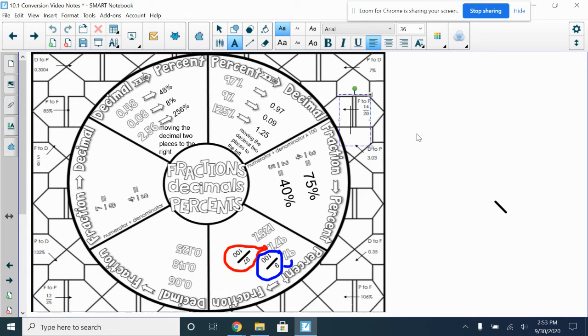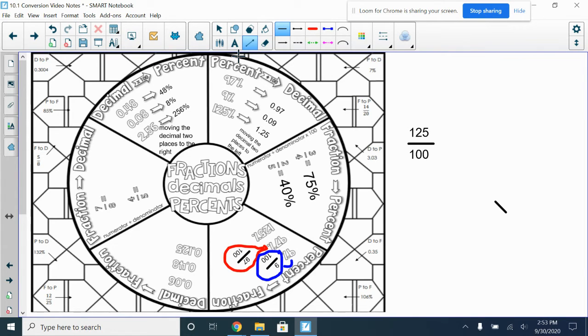So then I have 125%. Again, I'm going to put 125 over 100. But now before I go ahead and throw it in, I know that I can simplify that. First off, I can pull 25 out of both of them. When I see 25, I think of quarters.